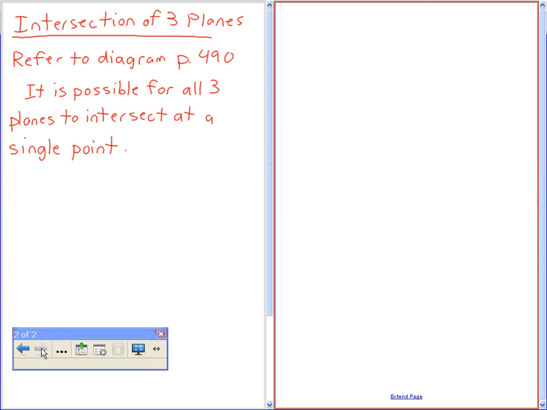To find the solution, step number 1 will be to convert all planes to scalar form.